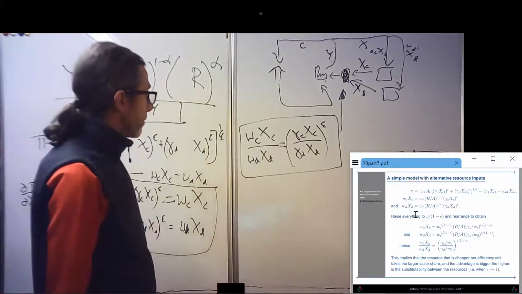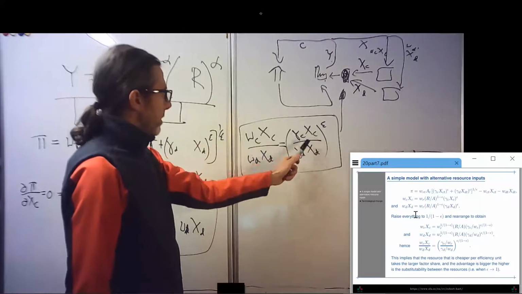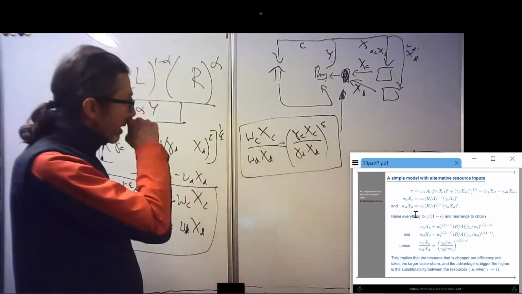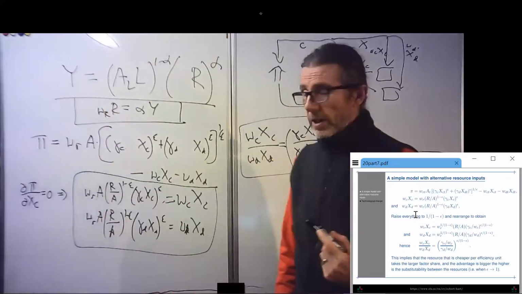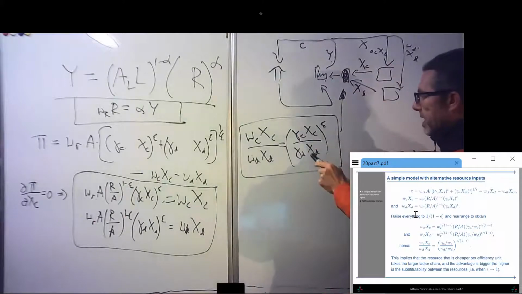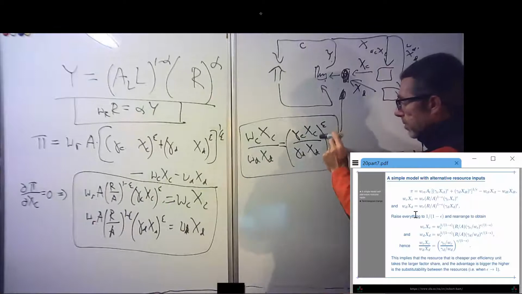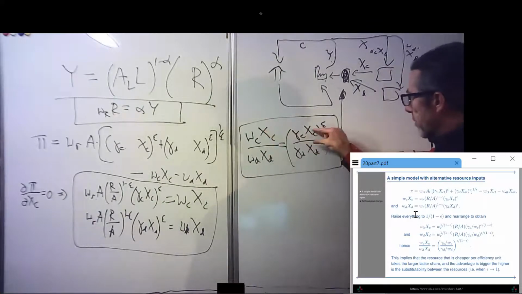Because we've got XCs, which are unknown on both sides here, haven't we? Which isn't great. But if we multiply through by XC over XD to the minus epsilon, then we get rid of them here.